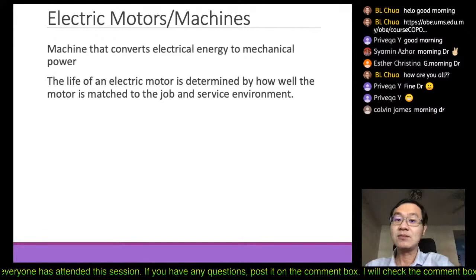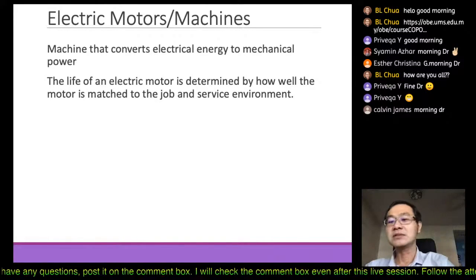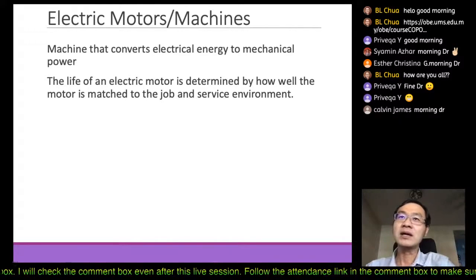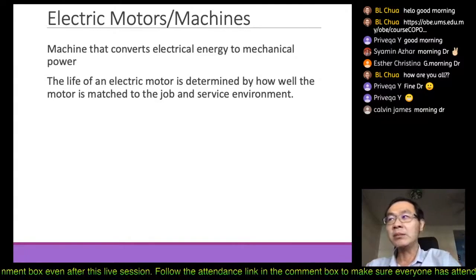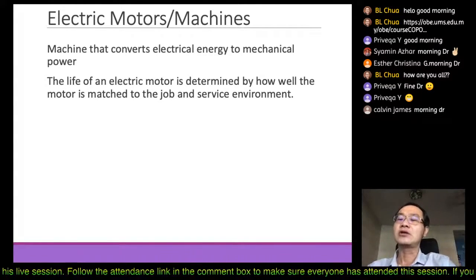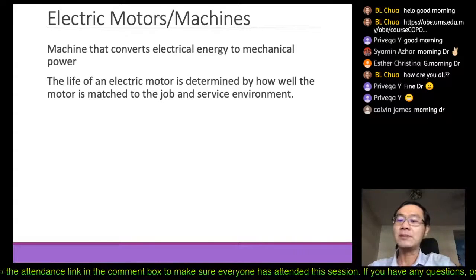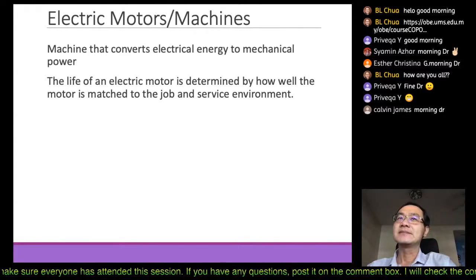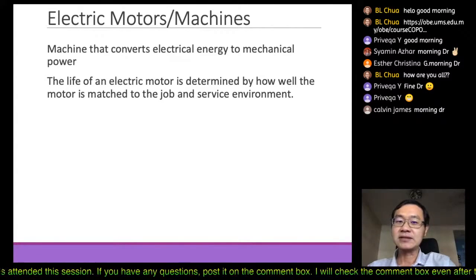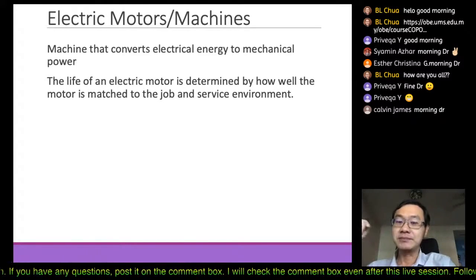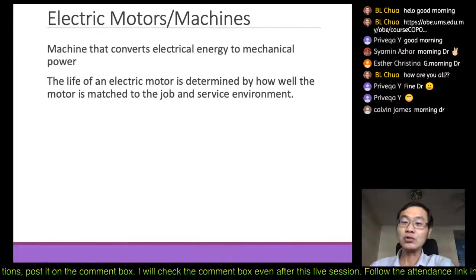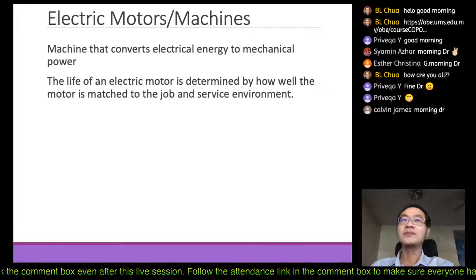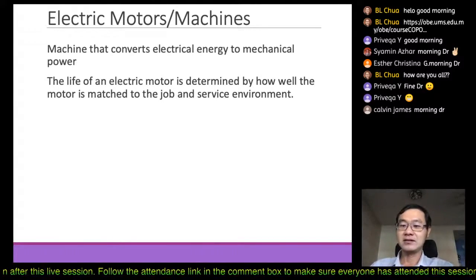So any movement like the fan or pumps comes from a source of power, and in modern days the most common source is the electric motor, powered by electricity, because of the availability of electricity everywhere around the country, in most places.